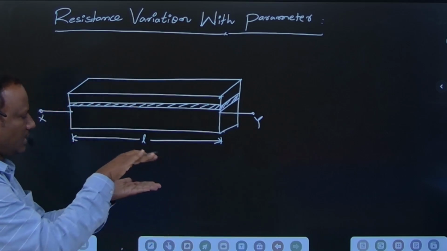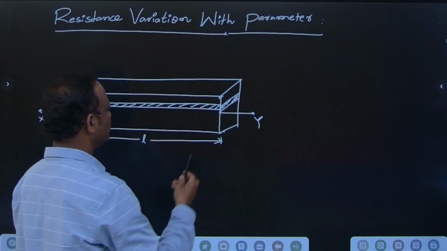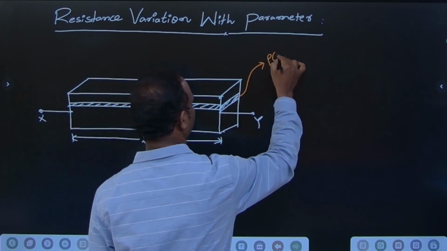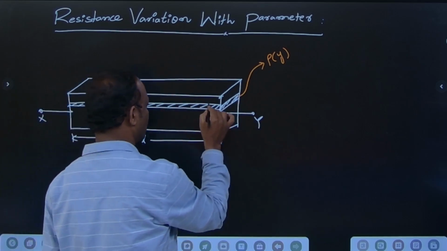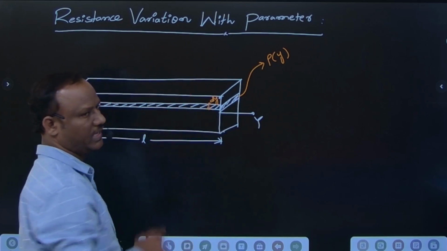Like I cut this along the y-axis, so resistivity is changing as a function of y, rho. This thickness is dy, along the y-axis.